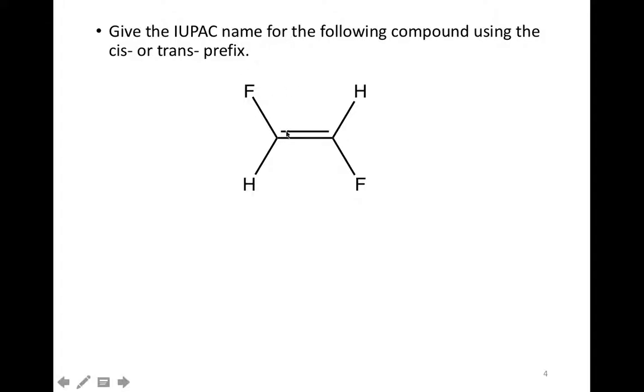So I've got two carbons. So this is ethene. And I don't need to give a number for the position of the carbon-carbon double bond because there are only two carbon atoms, so there's only one option. And then I've got two fluorines, and so it's going to be 1,2-difluoroethene, but we'll put the trans in front. So it's trans-1,2-difluoroethene.